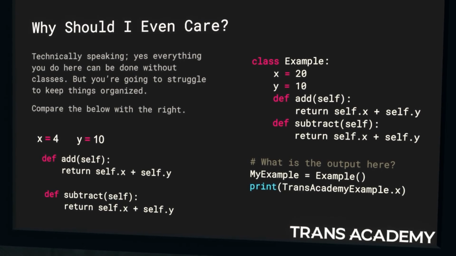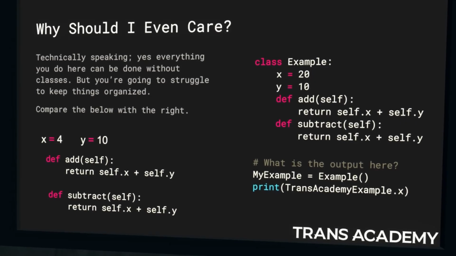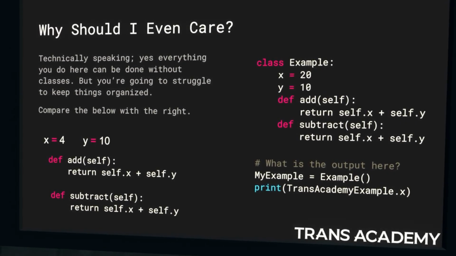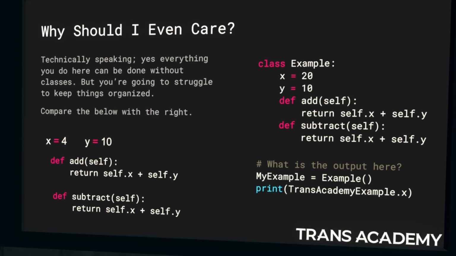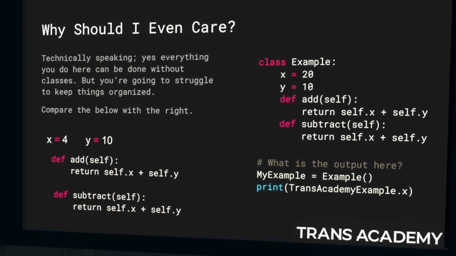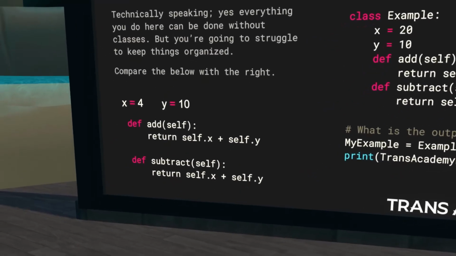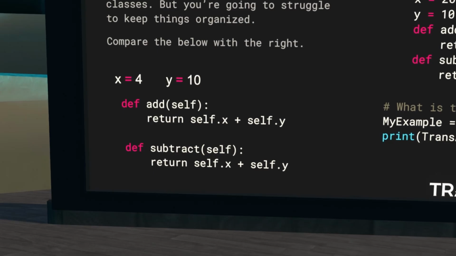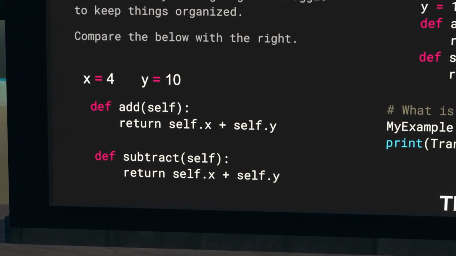The example was copy and pasted. That is not ideal. So technically speaking, you can do everything without classes. The equivalent version of this would be in the bottom left corner down here. So in this case, x equals 4, y equals 10. How many typos are we going to have in this slide today?